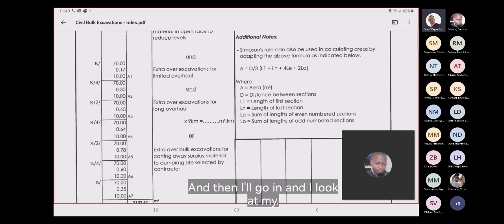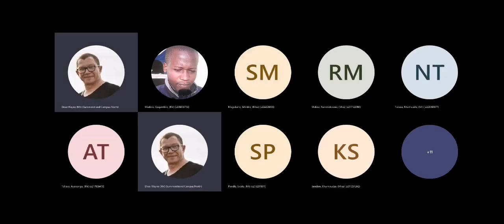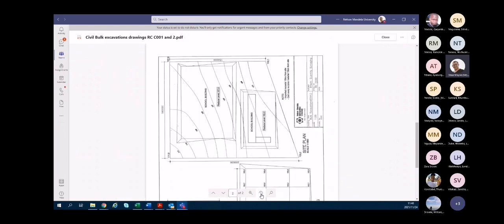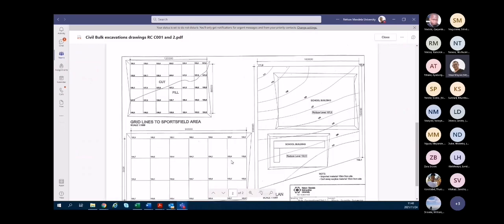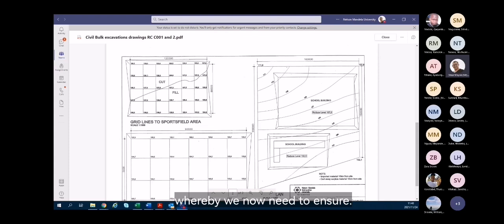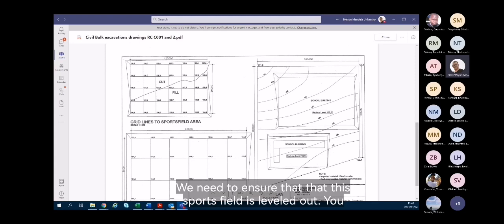When I now go in and I look at my second drawing, my second drawing now shows me the grid line to a sports field, whereby we now need to ensure that this sports field is leveled out.